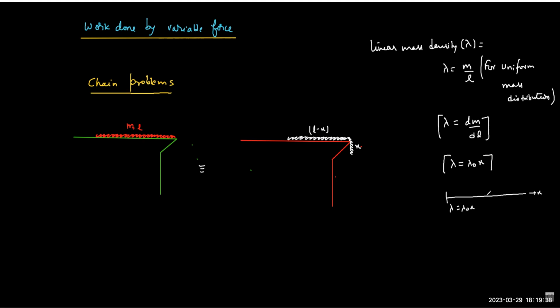If you move x distance away and cut a dx length, the mass of this elementary rod will be dm, and lambda at that location, lambda of x, like you say f of x, is dm by dx.